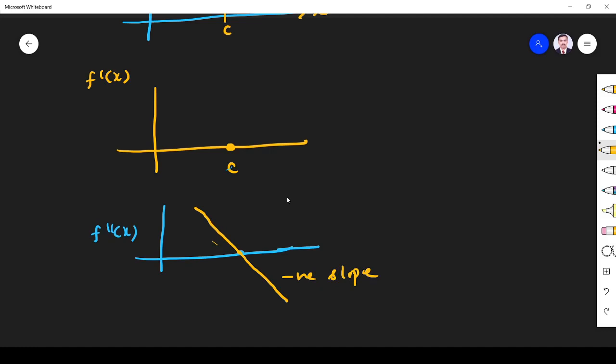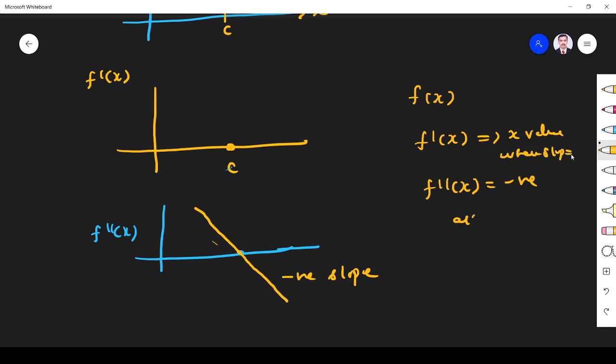So what we are concluding from this is, if the function f of x is given, take f dash of x and take f double dash of x. From this you find the x value where the slope is 0, and substitute that x, x is equal to c.